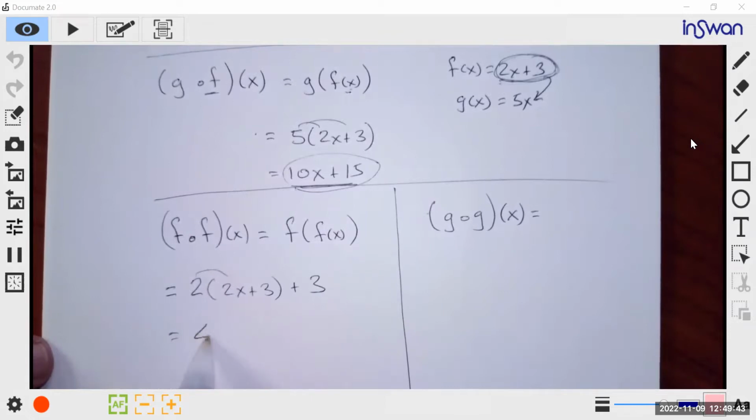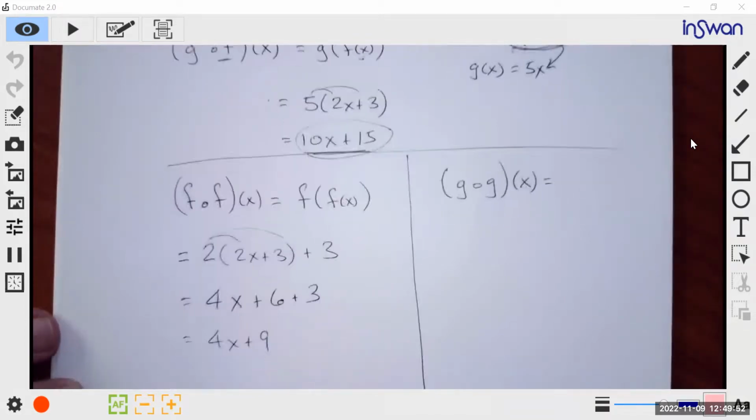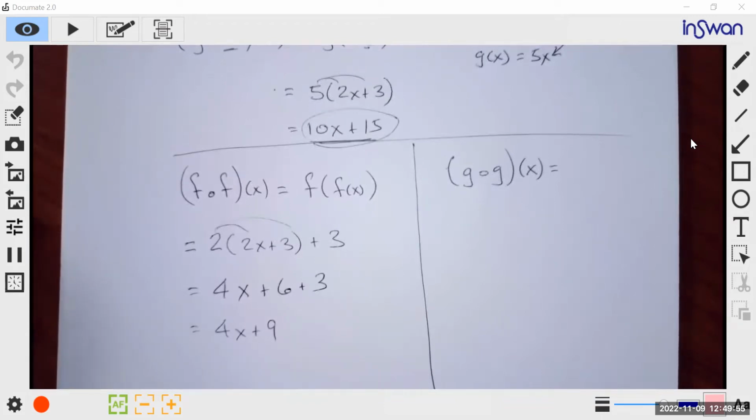Two times 2 is 4x. 2 times 3 is 6, plus 3 is 9. So it's 4x plus 9. That's that one.